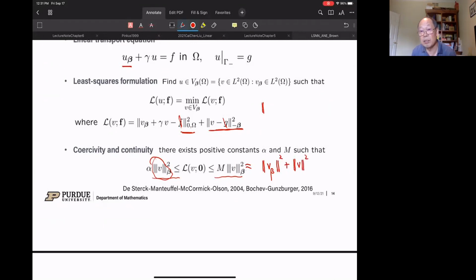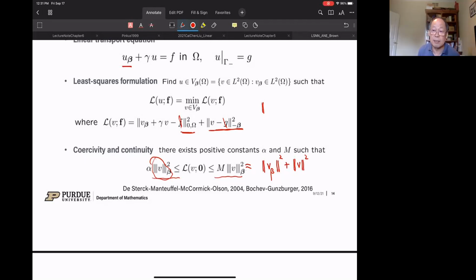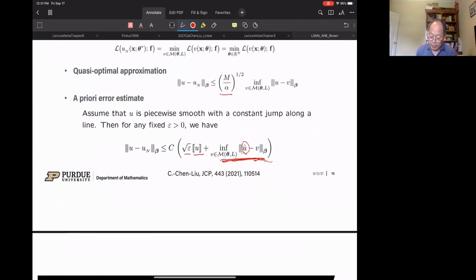So this is a very strong norm. It makes sense because the gradient of v does not make sense, but the directional derivative makes sense. So for this linear problem we basically understand everything, and we are using the right norm. Thanks. So this says that if U hat is in this space, then this term is equal to 0, and this is the accuracy.